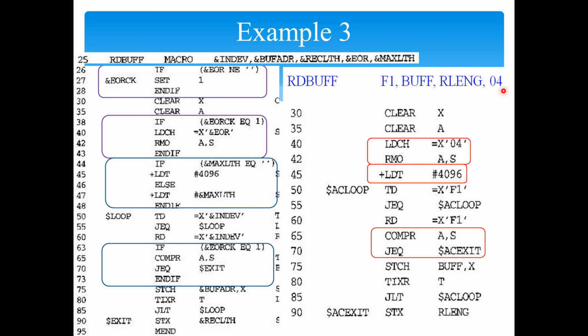And the last parameter is not there. So here you can see that nothing is passed for max length. So that means it's a null value. So consider that case and try to understand how the macro is invoked. I'm not explaining this one. You can just pause the video and try to understand on your own.